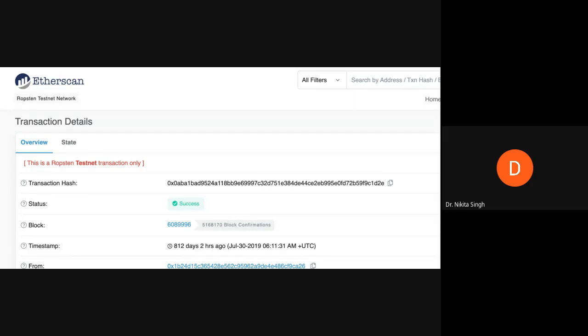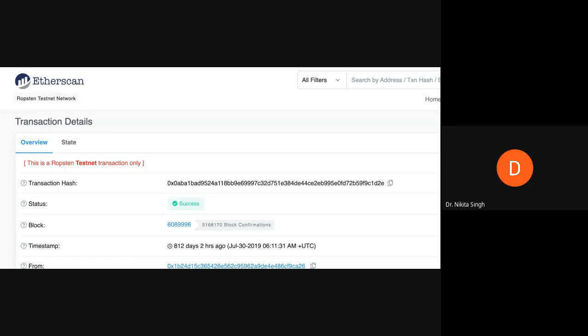Externally owned account, as in this nonce value will give us the number of transactions that have been sent from this Ethereum address. Now, the point to remember here is that each Ethereum address will be sending out multiple transactions, receiving multiple transactions. Okay.